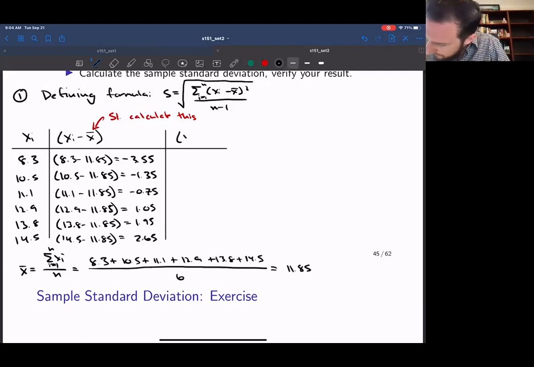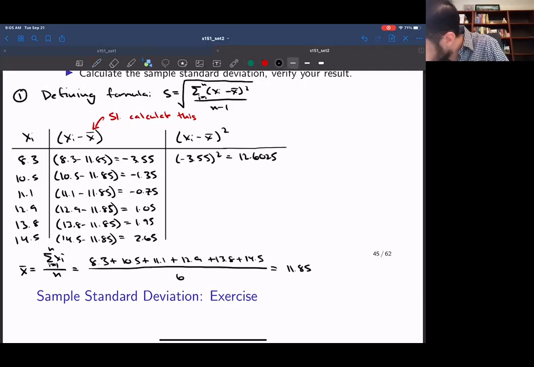Okay, and then we're going to square each of those numbers. So now we have negative 3.55 squared is equal to 12.6025. Good enough. Okay. And then we'll have negative 1.35 squared is equal to 1.8225.